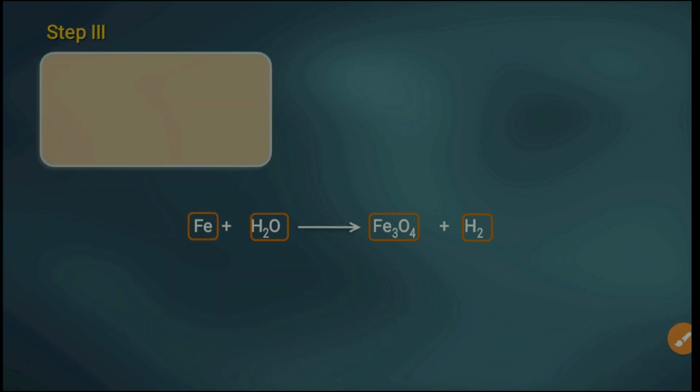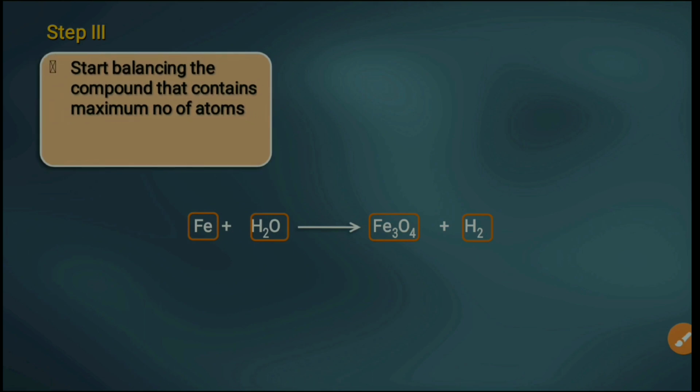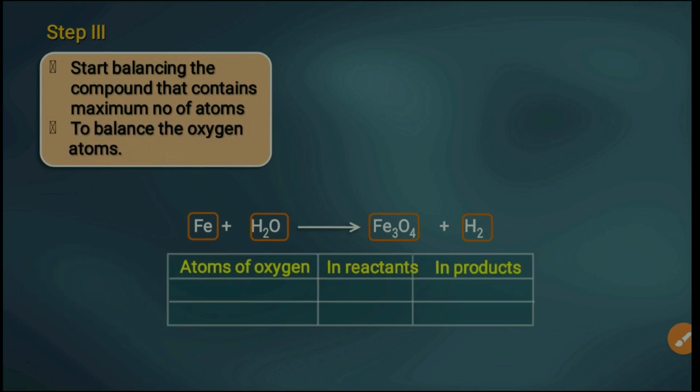Step 3. Start balancing the compound that contains the maximum number of atoms. Where we have the maximum, we have to start with that. Atoms of oxygen in Fe3O4: in the water molecule it is 1, and in Fe3O4 it is 4.